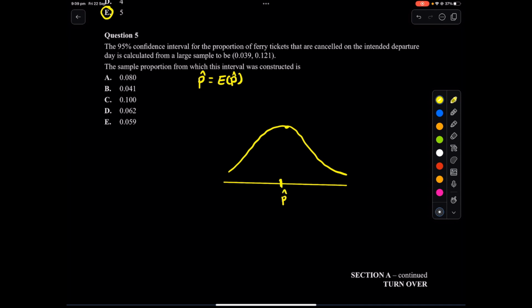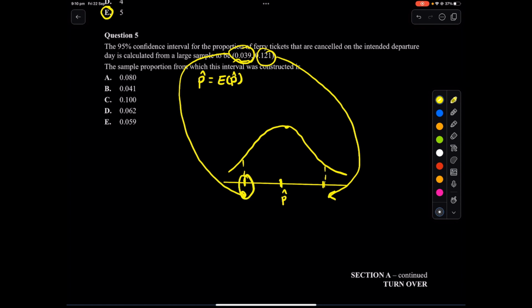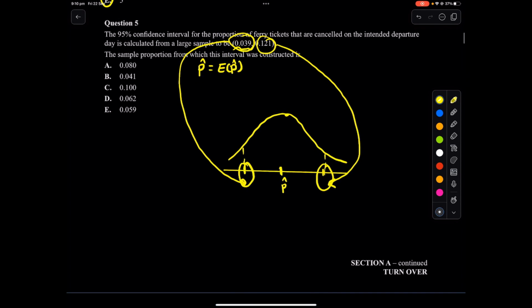That's what our sample proportion is. And we know that this confidence interval is 95% confidence, with this end over here and this one over here. What do we know? Well, they have to be at equal length.